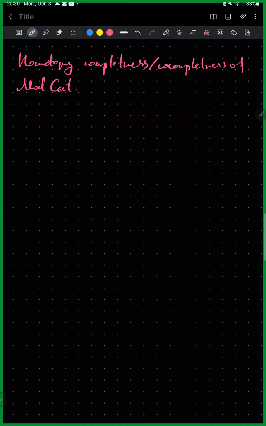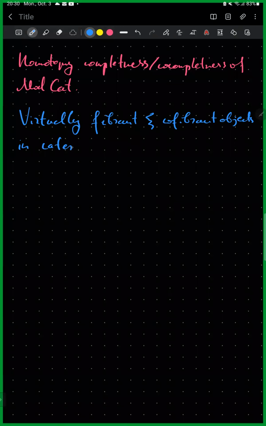And the main topic of today's discussion will be virtually fibrant and cofibrant objects in categories M^D, or diagrams, for some small D. So virtually fibrant and cofibrant diagrams.